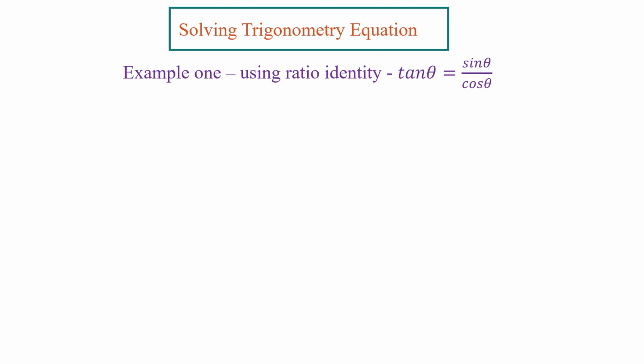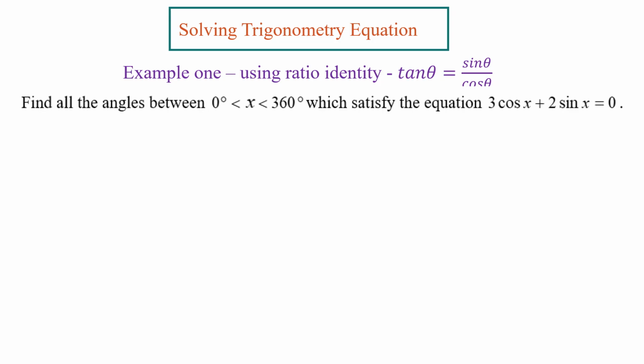Let's look at example 1 where we need to use the ratio identity tangent theta equals to sine theta over cos theta to solve this equation. 3 cos x plus 2 sine x equals to 0. The values of x must be between 0 and 360, not inclusive.